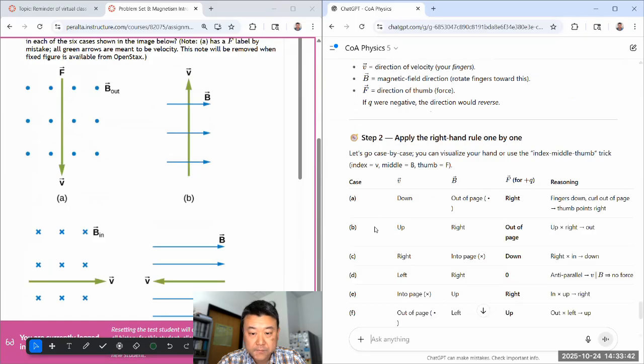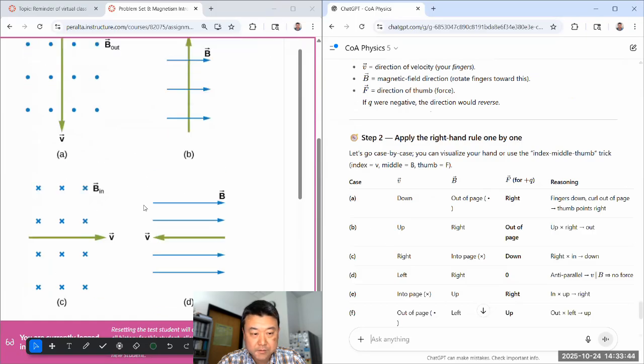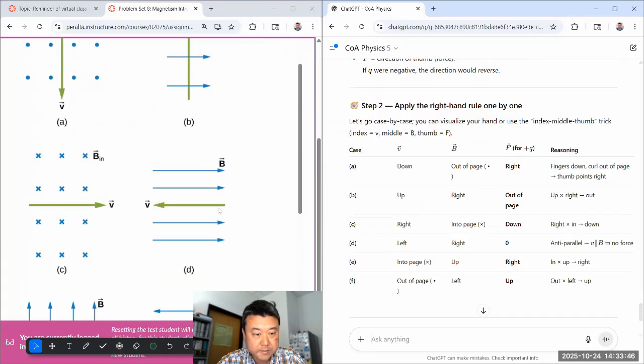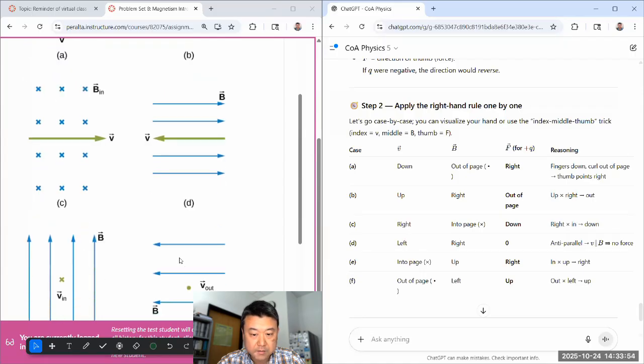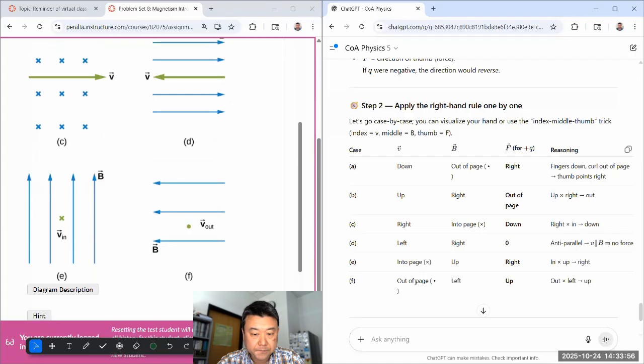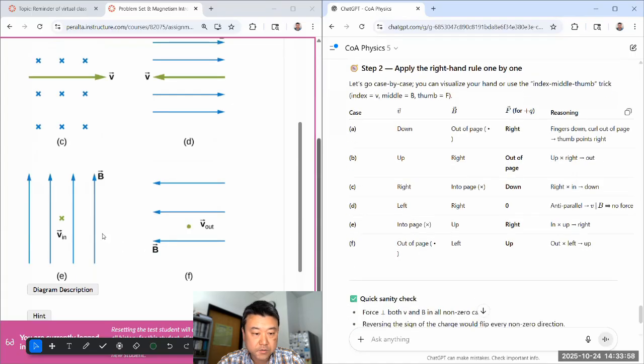Great. B, V is up, B is to the right, good. C, V is right, B is into the page, good. D, V is to the left, B is to the right, good. E, V is into the page, B is up, good. F, V is out of page, B is to the left, good.